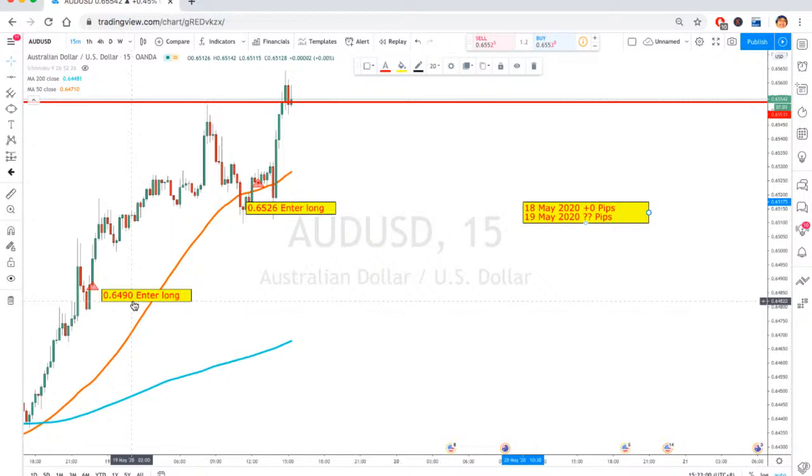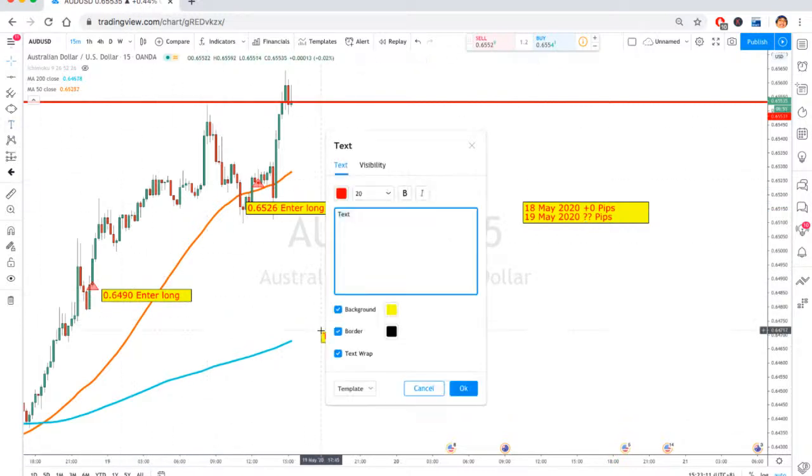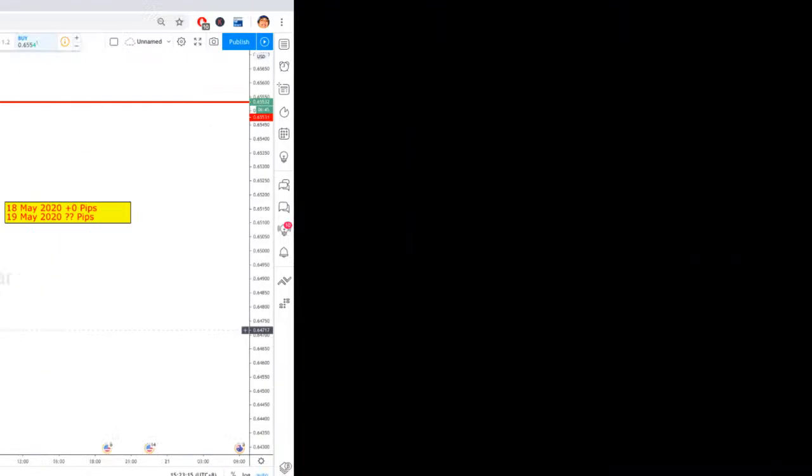So on 19 May we entered at 0.6490. Let's calculate our profit. Our current stop is at 0.6490 for the long, with a trailing stop loss at 0.6508.